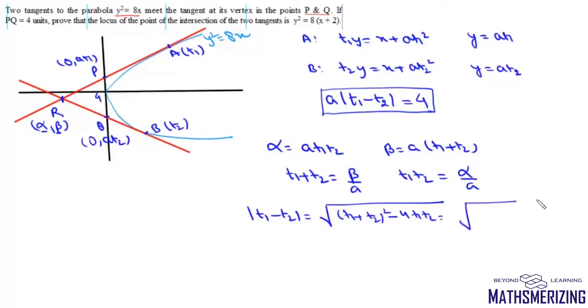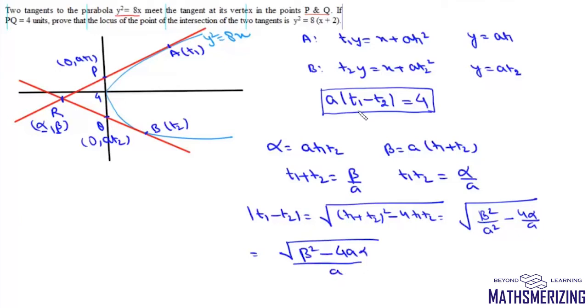So we can write it as under root of beta square upon a square minus 4 alpha upon a. So this value should be under root of beta square minus 4a alpha, whole upon a.